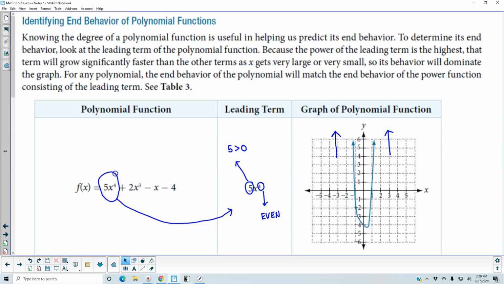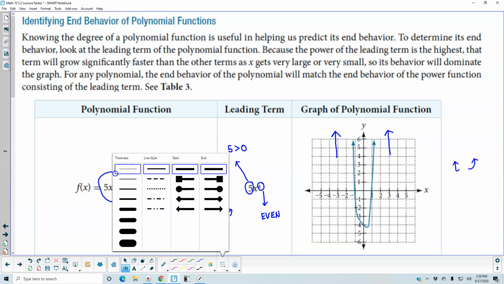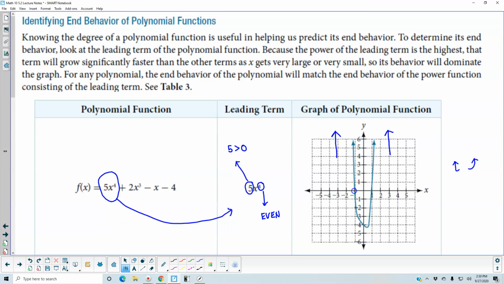And then we can write that as an end behavior, we can just write two arrows. The first arrow represents the left side of the graph, and then the right arrow represents the right side of the graph. Now let's also keep in mind that as x is approaching negative infinity, we see that the graph is approaching positive infinity on the left side.